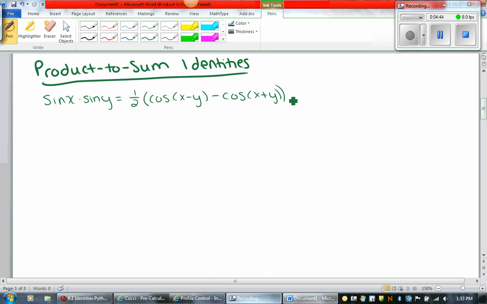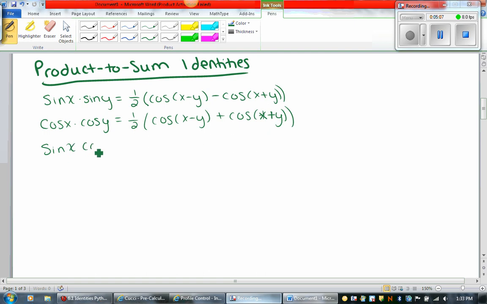Okay, so that's the first one. We have cosine x times cosine y, and that's going to equal 1/2 cosine of x minus y plus cosine of x plus y. The third one is sine x cosine y.